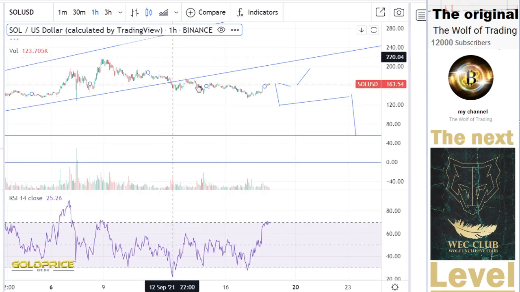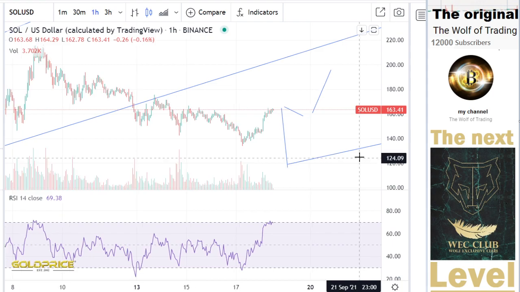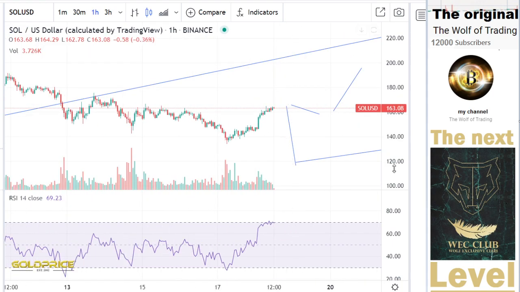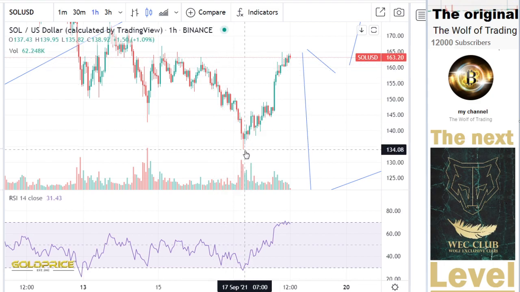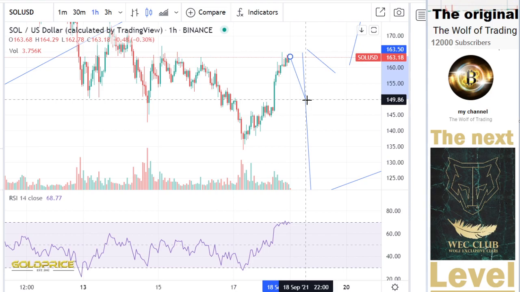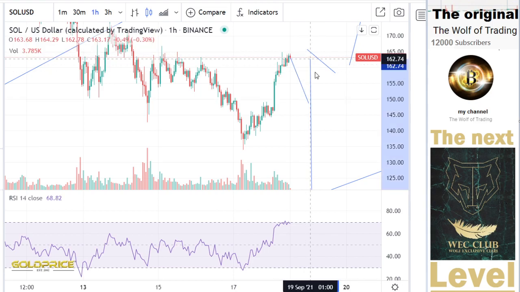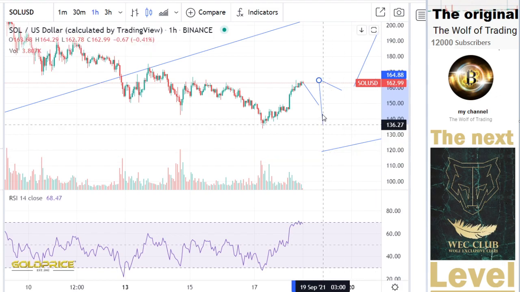Let's look near term. You can see the price drops here also $30, and now we have something like that. It's also clear the price drops to the downside and makes something like that.